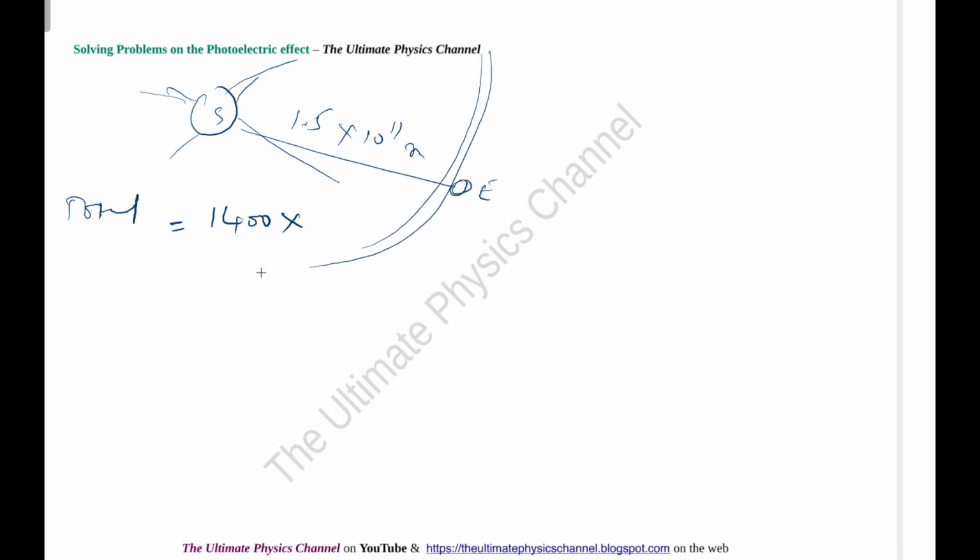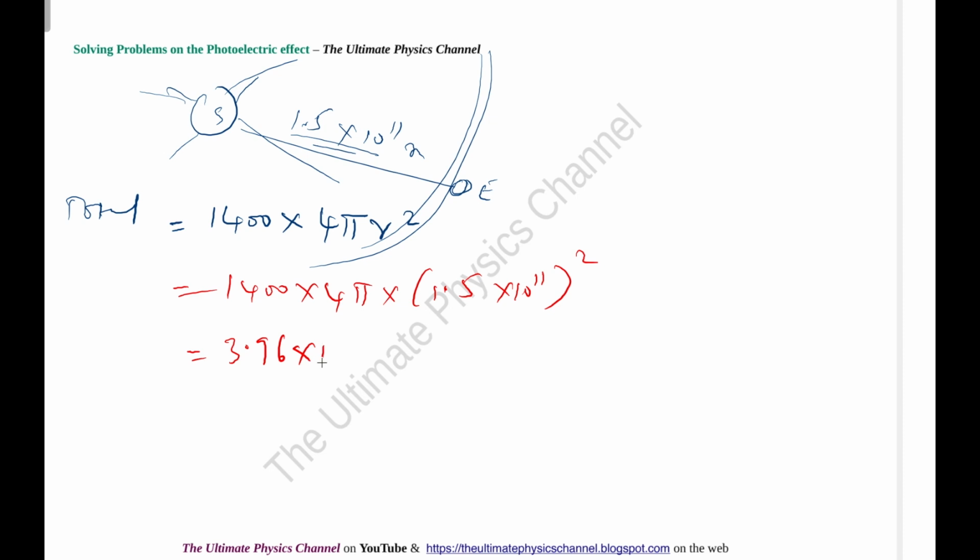At Earth it forms a huge sphere of this radius, so we say that 4 pi r squared is the surface area of such a sphere. So the radius is 1.5 into 10 power 11, so 1400 times 4 pi times 1.5 into 10 power 11 whole square. This number, if you do, you get the total power that will help us to calculate the answer for part B. So 3.96 into 10 power 26 watts is the total power that is emitted by the sun.